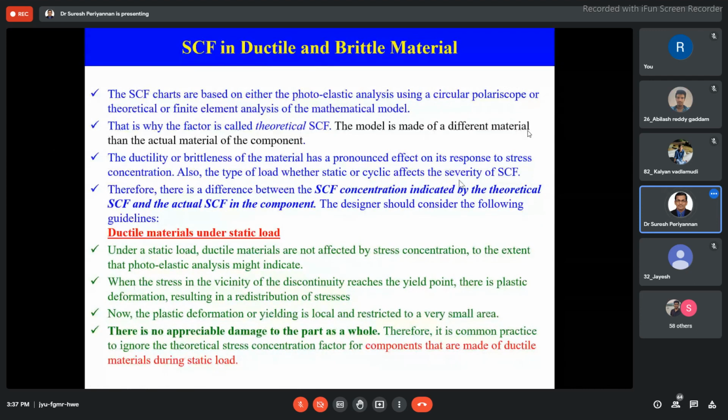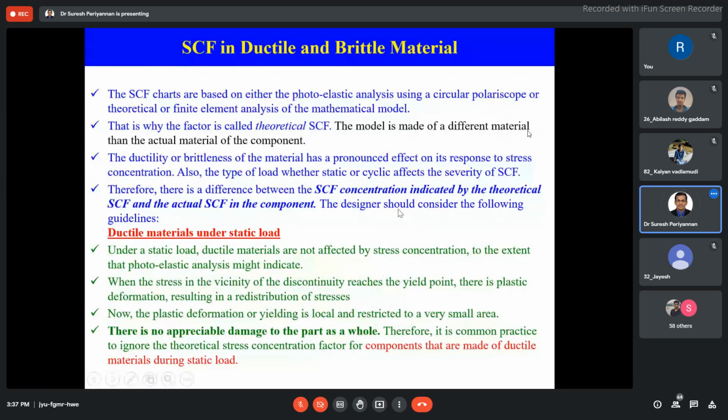Also, what type of load, whether static or cyclic, is subjected to the material is an important parameter for finding the stress concentration factor. There is a difference between the theoretical stress concentration factor and the actual measured stress concentration factor, which comes from practical utility. Designers should understand these two things.